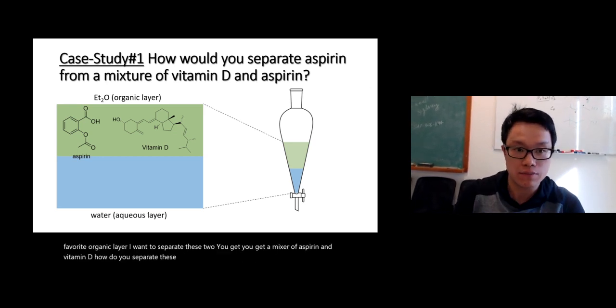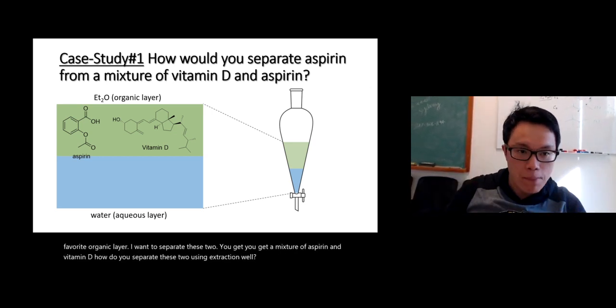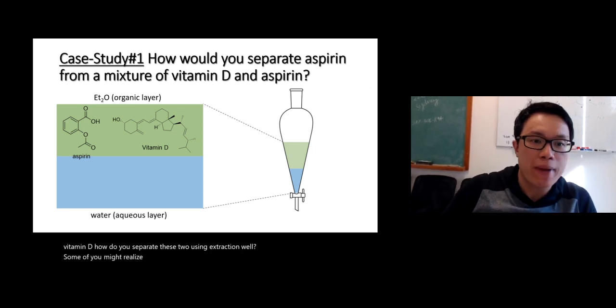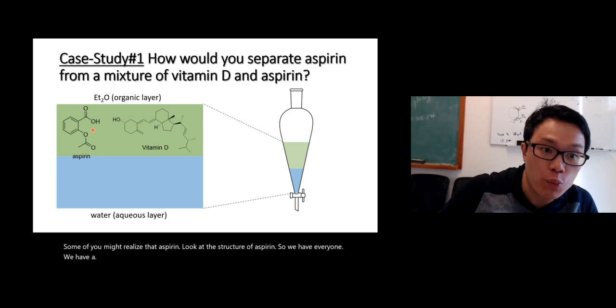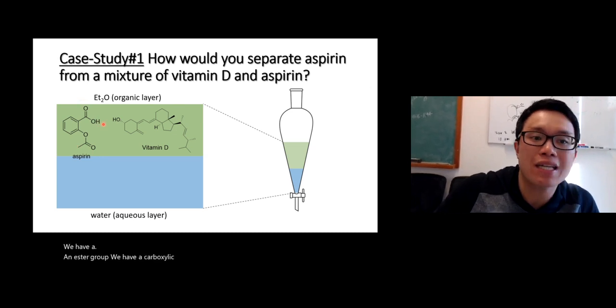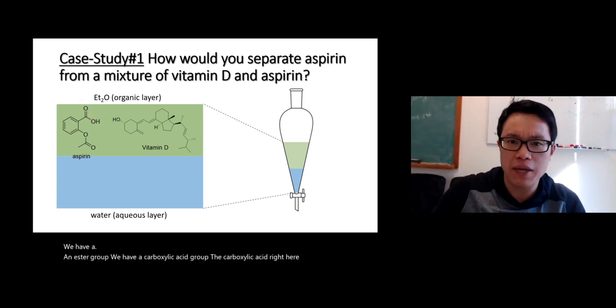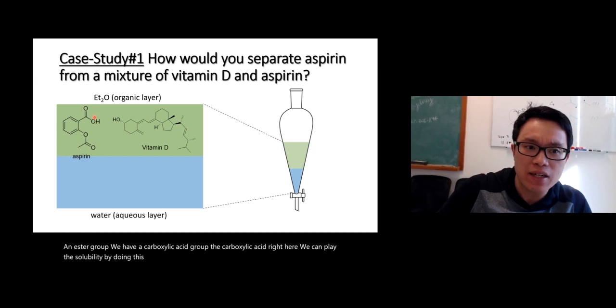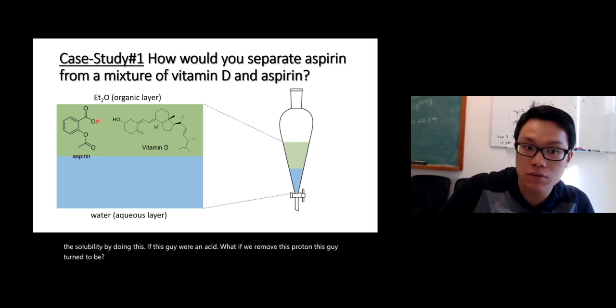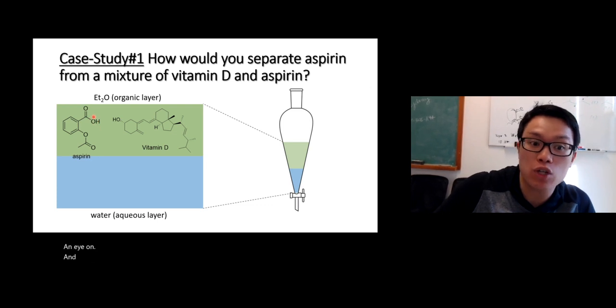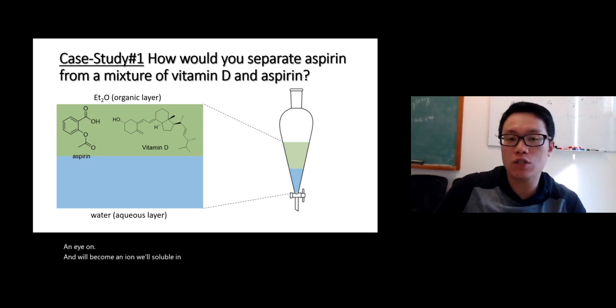Using extraction. Well, some of you might realize that, look at the structure of aspirin. We have an arene, an ester group, and a carboxylic acid group. The carboxylic acid right here, we can play the solubility by doing this. If this is an acid, what if we remove this proton? It turns into an ion. And when it becomes an ion, it's soluble in water, right? So this is what we're going to do.